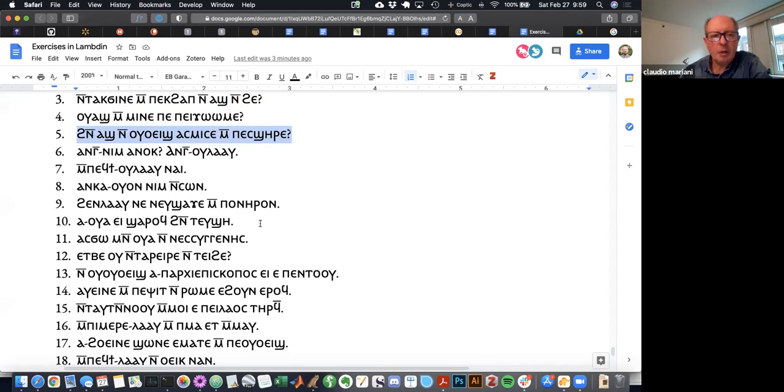And number 5. En ash en weish asmise em pescere. When did she give birth to her son? Yeah, and Lambdin has intentionally made this a super weird sentence, because what you would normally just say is now, when, but he's actually said, in what time did she give birth to her son?